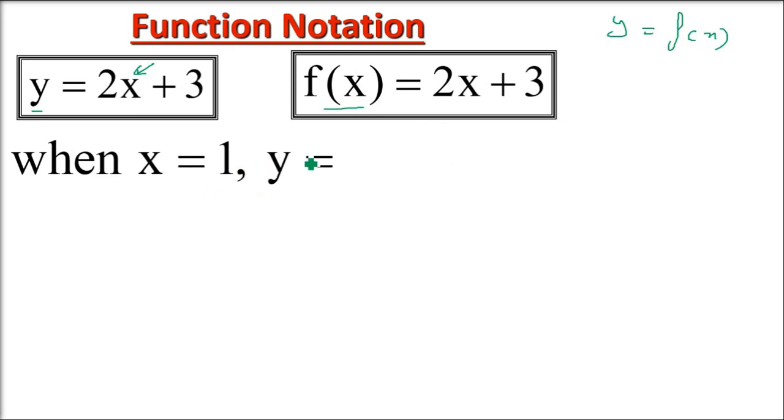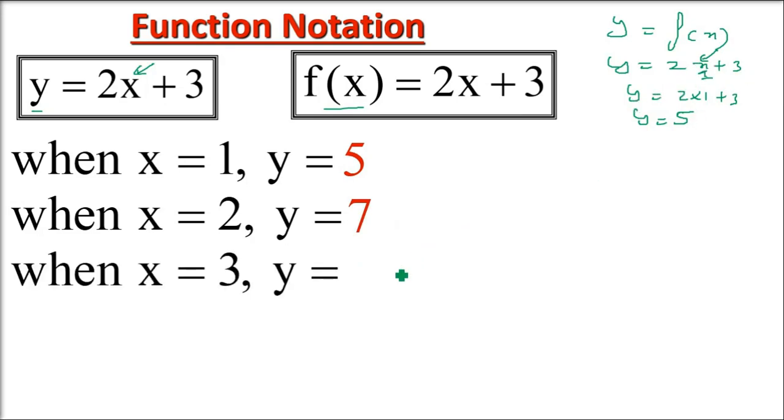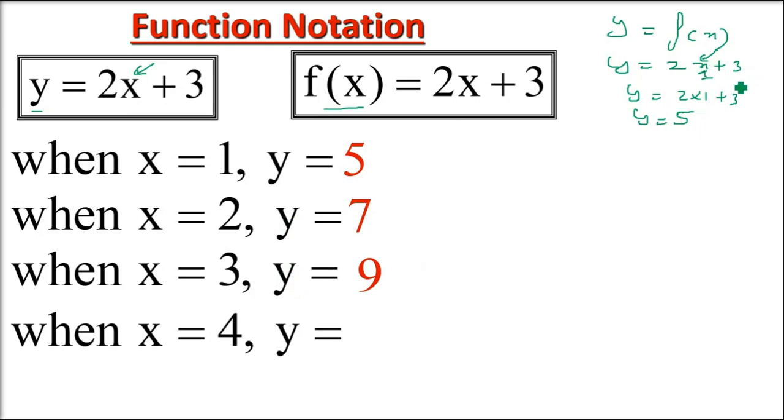So how do we find out the value? If x equals 1, what is y? If y is 2x plus 3, I am putting x as 1. y equals 2 into 1 plus 3. What do you get? y equals 2 plus 3, 5. Similarly, when you put x as 2, 2 into 2 plus 3 is 7. x equals 3: 2 into 3 plus 3, 9. 2 into 4 plus 3, 11.